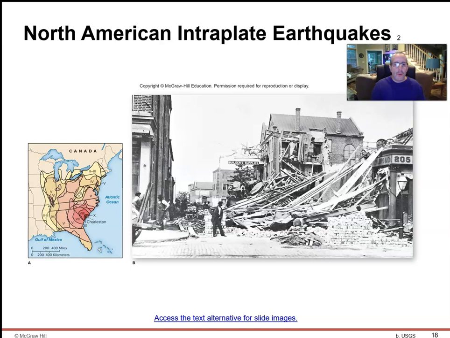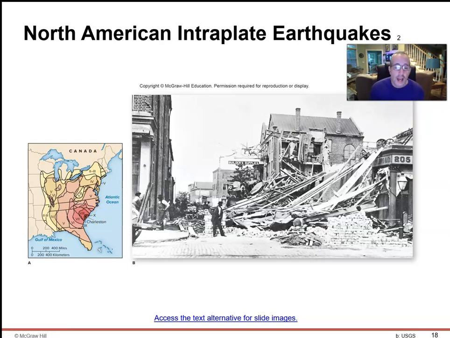Now, another thing I want to mention here is we're going to talk about the effects on us, humans, and our structures a little bit later in this slideshow. One of the really dangerous things about faults like we have, and here is one around the South Carolina area, you saw one earlier up in the Northeast, is that we are not used to earthquakes around here.